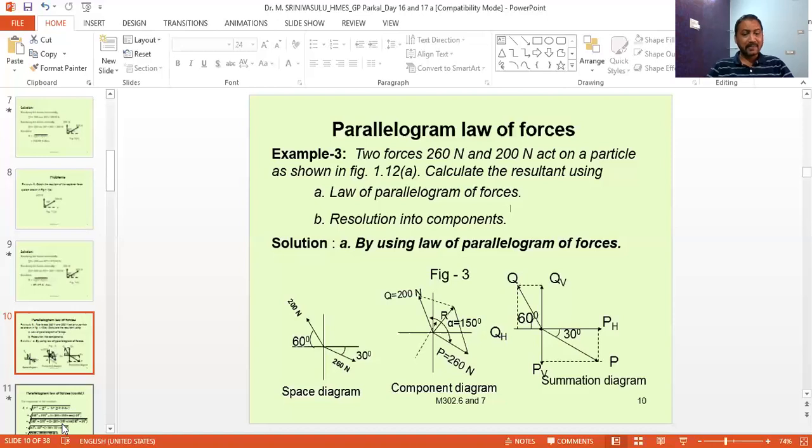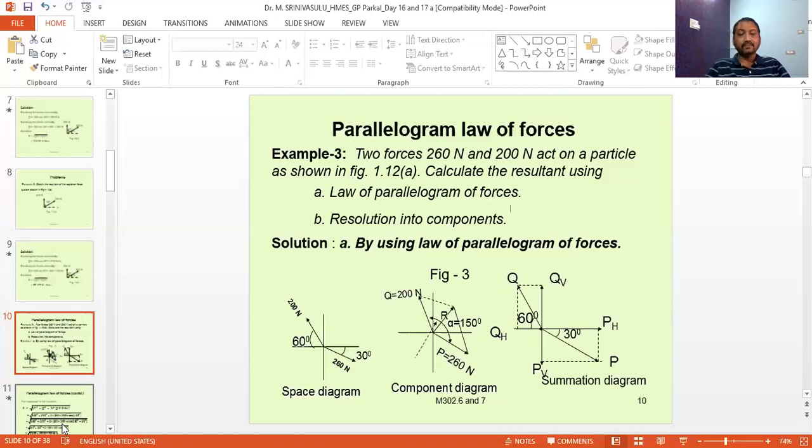So with the help of these given forces, now we can draw the component diagram, that is the second diagram. In the second diagram, the force P is drawn as it is, that is 260 newtons acting at 30 degrees with the horizontal in the fourth quadrant.